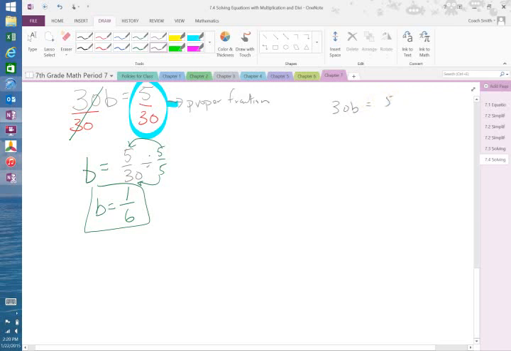Well, the reciprocal of 30 is multiplying by 1 over 30. Those would cancel out, and you would multiply by 1 over 30 here. 1 times 5 is 5, 30 times, and you still end up with the same thing. So in mathematical terms, you're actually multiplying by the reciprocal on both of them. It just looks different because you're not dealing with a whole number, you're dealing with a fraction.